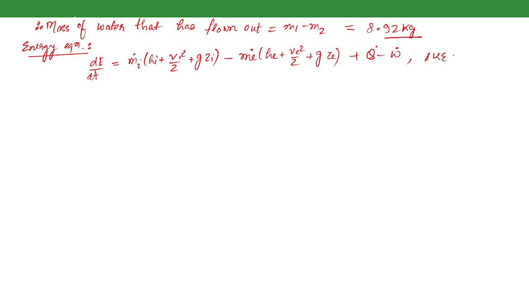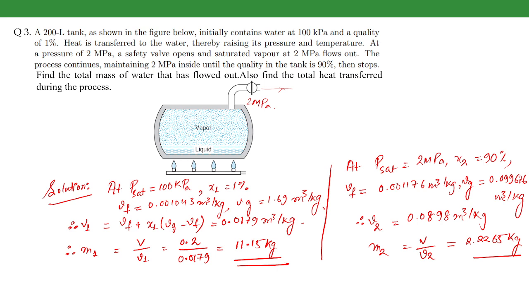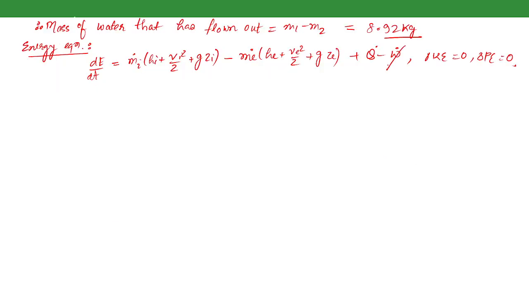Kinetic energy changes and potential energy changes are neglected here. In this process, there is no work done as well, but heat is being transferred continuously to the process. So this gives m2 u2 minus m1 u1 is mi hi minus me he plus q, all in rates.